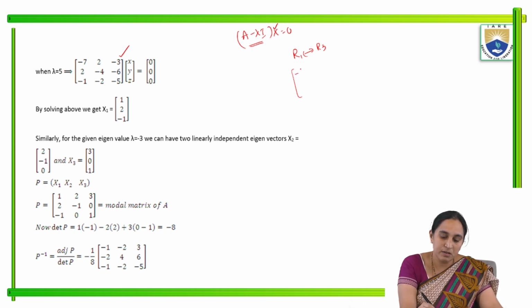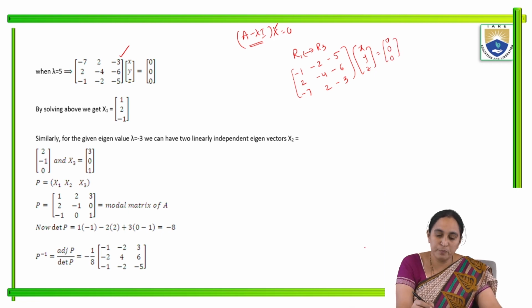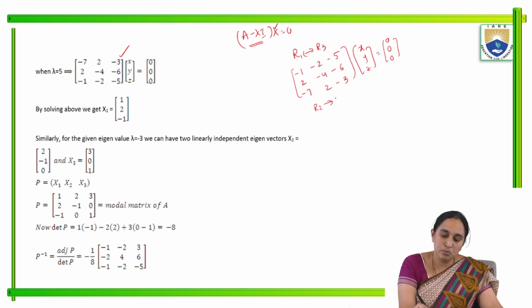That is minus 1, minus 2, minus 5, 2, minus 4, minus 6, minus 7, 2, minus 3 into x, y, z is equal to 0, 0, 0. For that, apply the row operations with respect to R1, that is R2 tends to R2 plus 2R1, and the next one, R3 tends to R3 plus minus 7 R1.